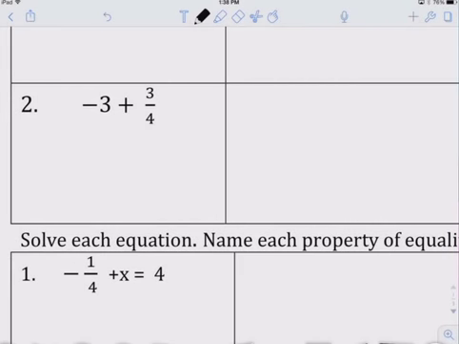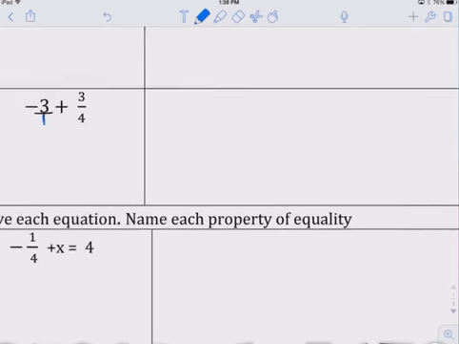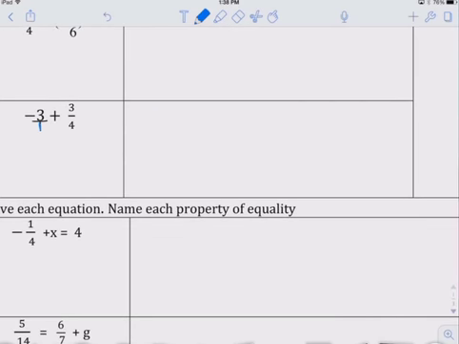Okay, there we go. Number 2, your denominator here is 1. What you need to do is take this number, negative 3 over 1, and then 3 over 4, that's a positive.